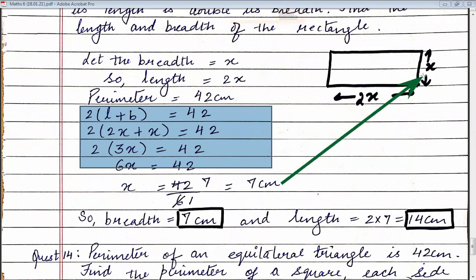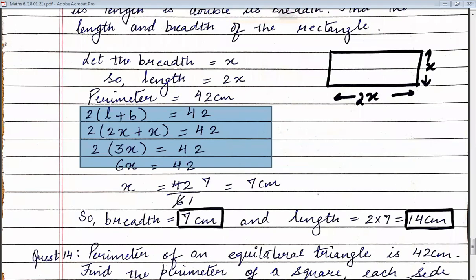So you have just calculated your breadth, that is 7 centimeter. Now if you know breadth, you know that your length is double of breadth, means 2 times 7, that is 14 centimeter. So the dimension of the given rectangle is length 14 centimeter and breadth 7 centimeter.